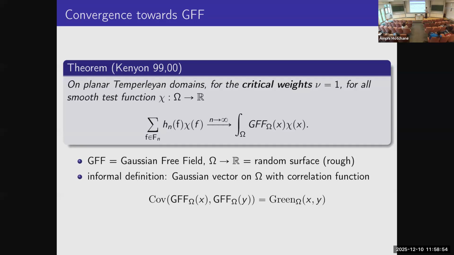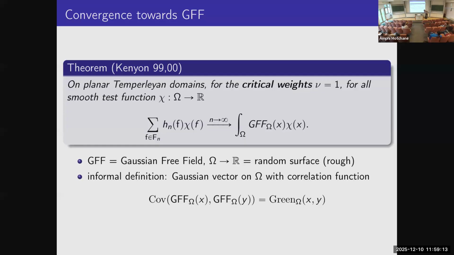But this is not a proper definition because on the diagonal, this explodes. So you cannot define this as a Gaussian vector, and you need to work a bit more. But this has been worked out quite some time ago, and this is the result of Kenyon.